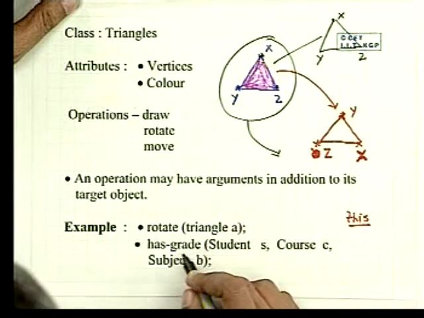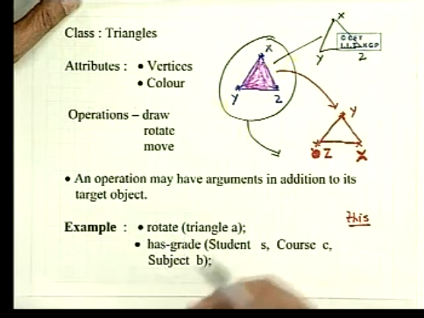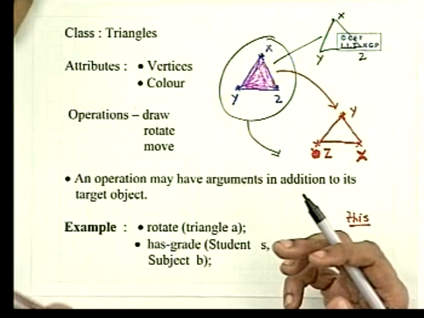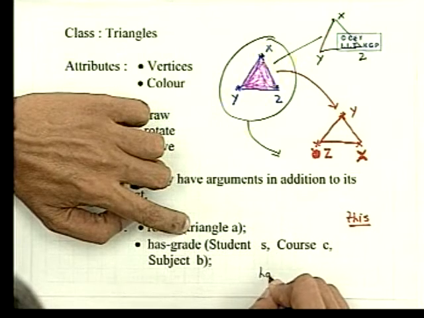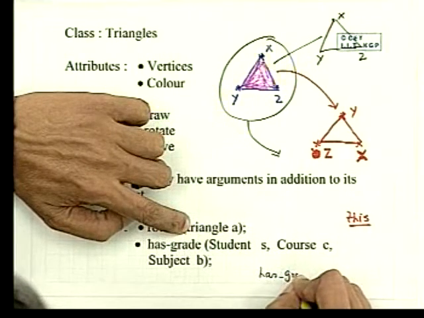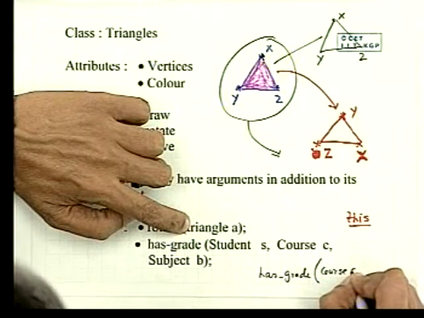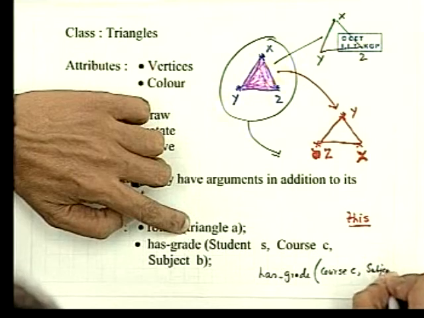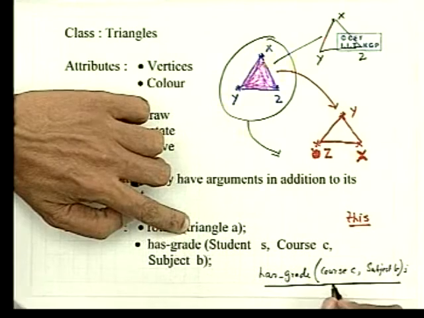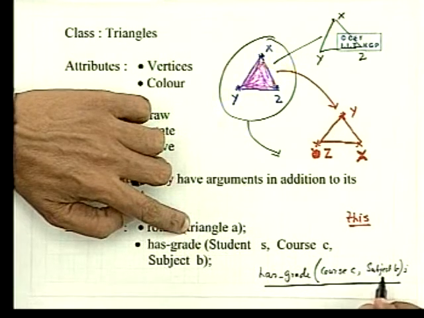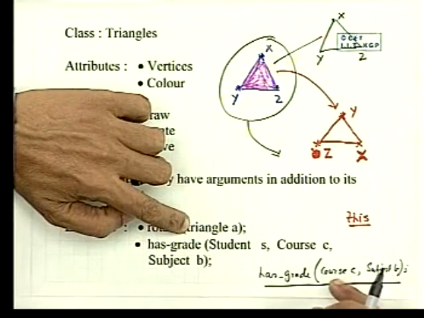Similarly, in the case of a student, say has grade, the student S in a course C and subject B. When we talk about the operation has grade, if the current student has grade, this will be specified as has grade, course C, subject B. Meaning when you apply this method to the current student, given the parameters of the course and the subject, it will return the student's grade on this subject which is registered into the course.